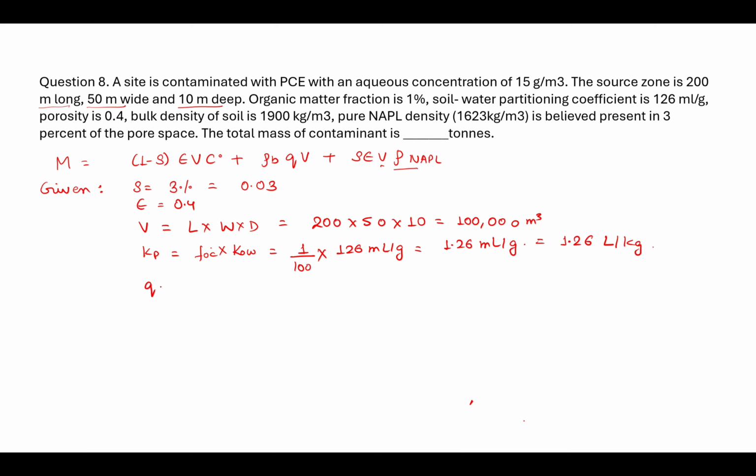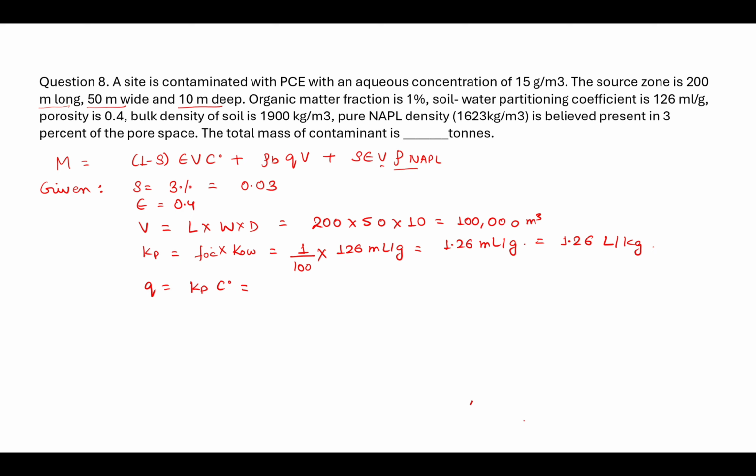Now Q, how much contaminant is sorbed on the soil per kg of the soil, is given as Kp into C naught. This is the partitioning coefficient.